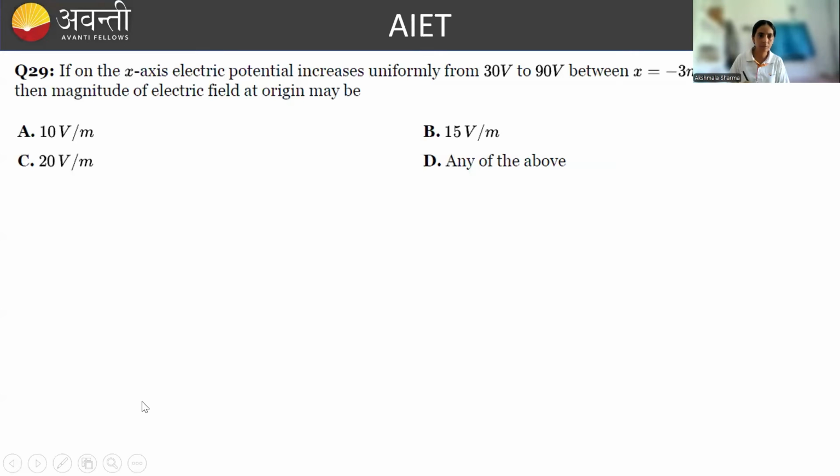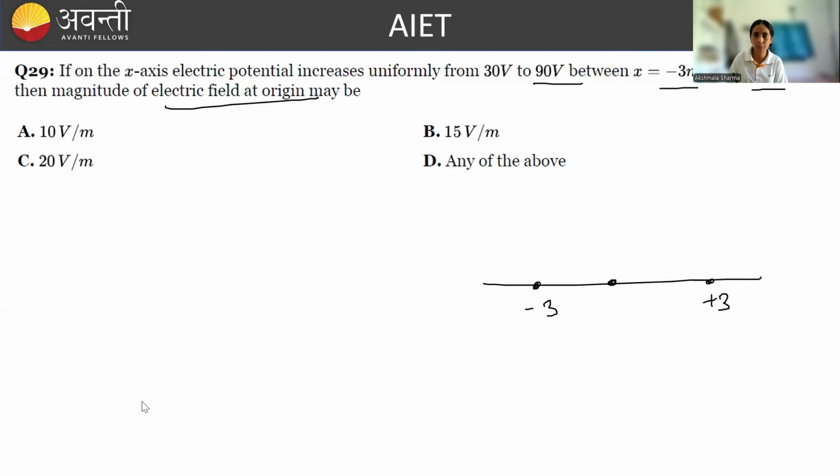Let's do this question. If on the x-axis, electric potential increases uniformly from 30 volt to 90 volt between x equal to minus 3 to x equal to plus 3, the magnitude of electric field at origin may be. So if this is the straight line x, this is minus 3, this is plus 3, and potential at this point is 30 and potential at this point is 90.